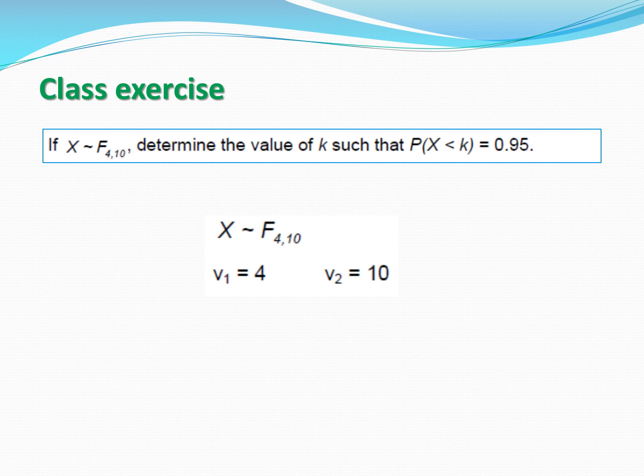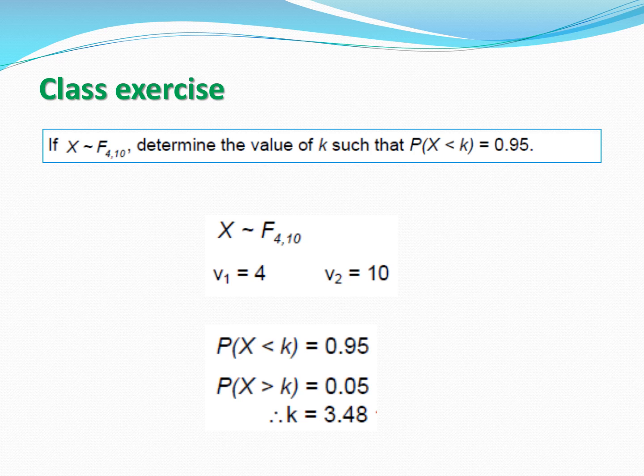So first of all, our V1 will be equal to 4 and V2 will be equal to 10. The probability to the left-hand side of your critical value is 0.95, so that means that your probability to the right-hand side of that critical value will be 0.05. So I'm going to use the 0.05 F table, and that will make our critical value 3.48.